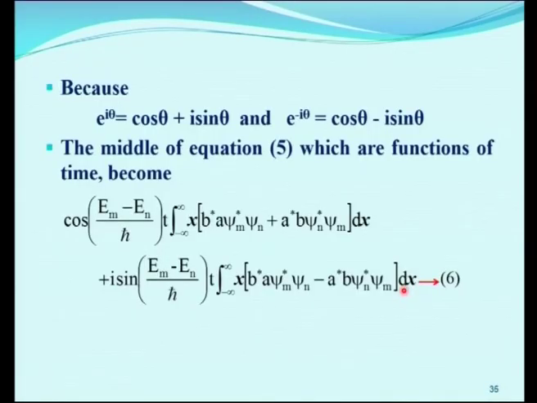Because we know that e power i theta is equal to cos theta plus i sin theta, then e power minus i theta is equal to cos theta minus i sin theta.